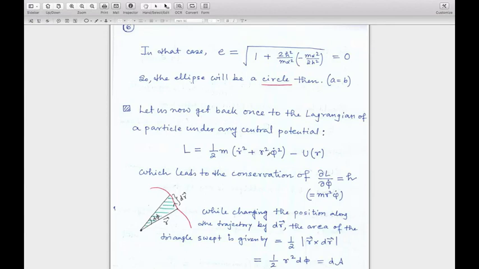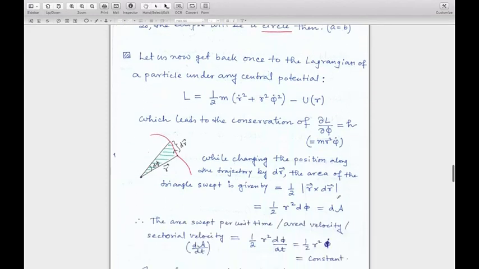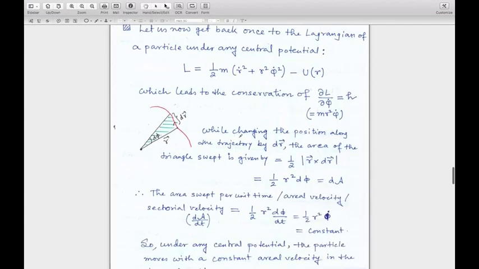Which leads to the conservation of del L by del phi dot, equal to h, where h is nothing but m r square phi dot, that you all know. Now while changing the position along the trajectory, let's say this red one is the trajectory.